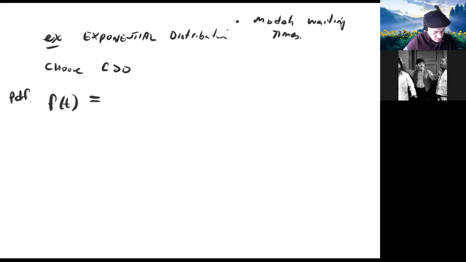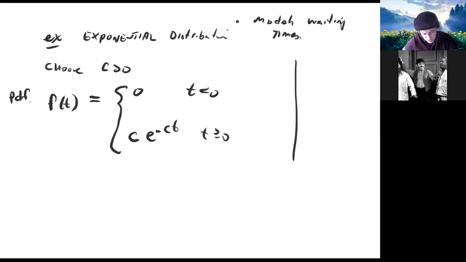The PDF is given by 0 if t is less than 0, and it's given by c e to the minus ct for t greater than or equal to 0. So this is an exponential function, and for t bigger than 0, it looks like this. It's decreasing, and for t less than 0, you get 0. So this is what it looks like.